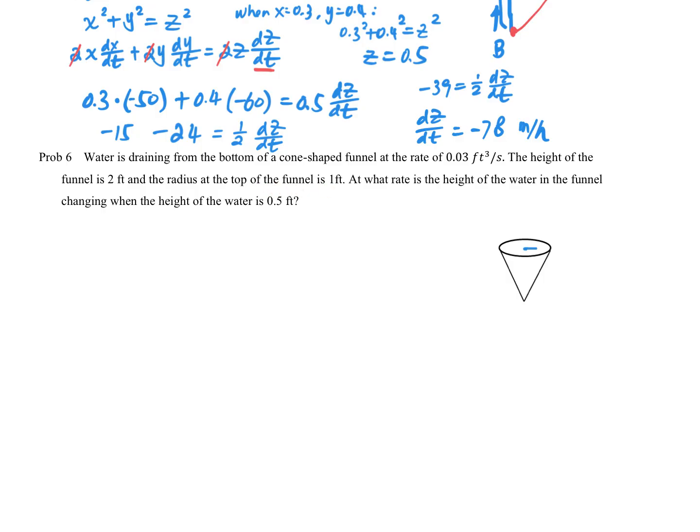So in other words, let me label that. This is 1, and this height is 2. And of course, the water is draining from this cone, and therefore the water level will be decreasing, right? So here's the question. At what rate is the height of the water in the funnel changing when the height of water is 0.5 feet?